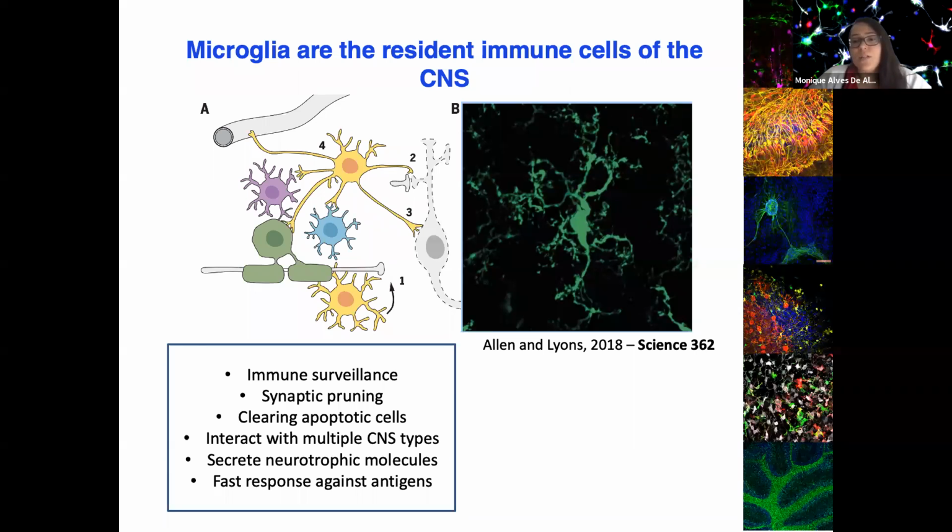They also regulate numerous developmental and functional processes, including synaptic pruning, clearing apoptotic cells, and interacting with multiple CNS cell types in health and in disease. Additionally, microglia also secrete a broad range of molecules involved in CNS homeostasis.